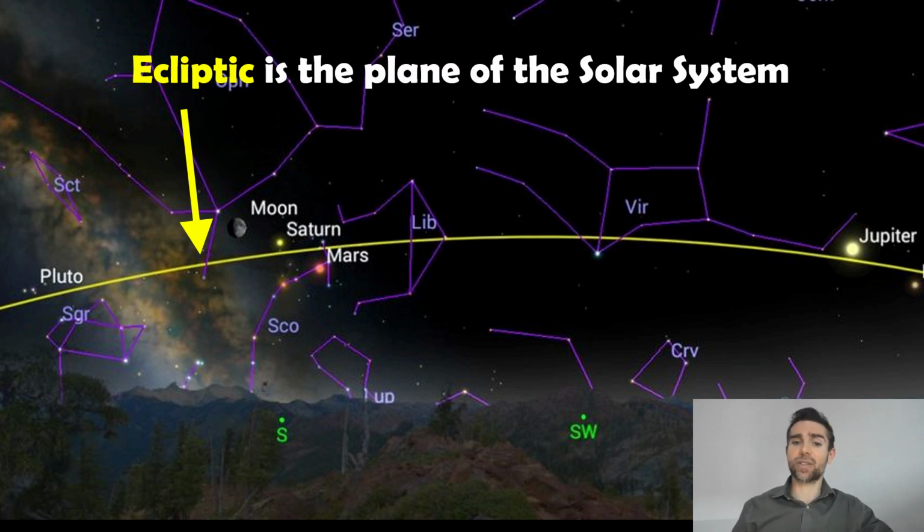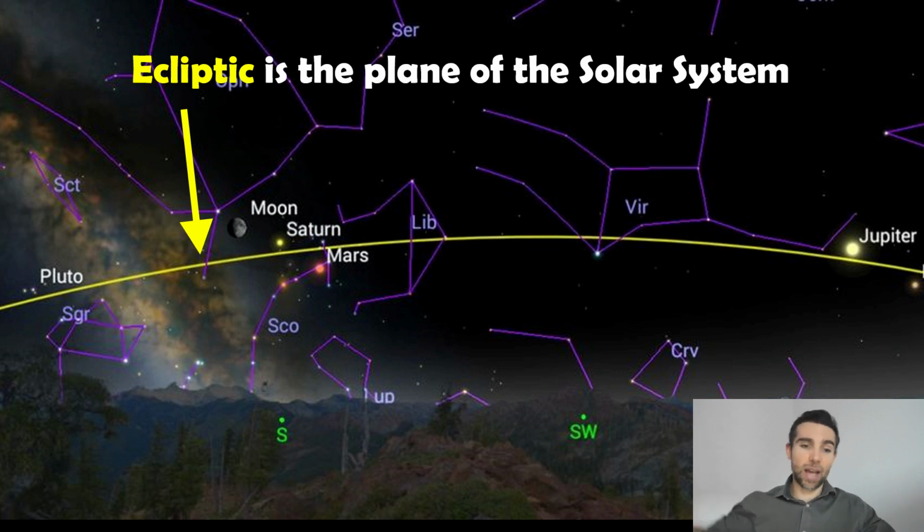So if we look out into the night sky, it is going to be the orbital plane of the solar system. So things like the planets and the Sun will kind of move along the ecliptic. So if we mark out the ecliptic in the night sky with regards to the constellations, the stars and things like that, you'll most likely find your planet somewhere along that line, because the plane of the solar system is the ecliptic, and all of those planets are in the plane of the solar system.